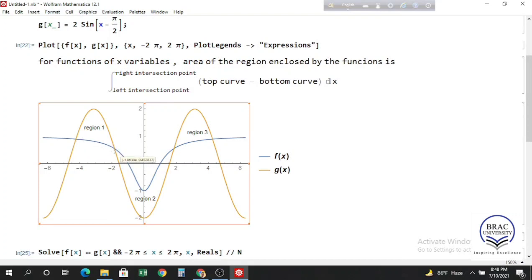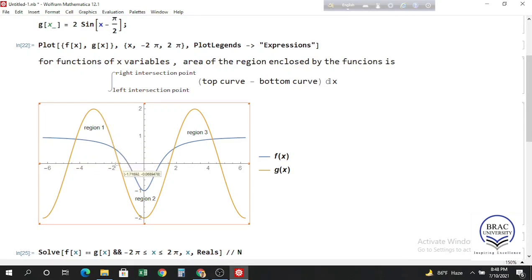Now we integrated g of x earlier, so let's now integrate f of x. If we integrate f of x from this left intersection point to right intersection point, we'll again get the area under the curve. So this time we will get the area under the f of x curve, the area between f of x and the x-axis.